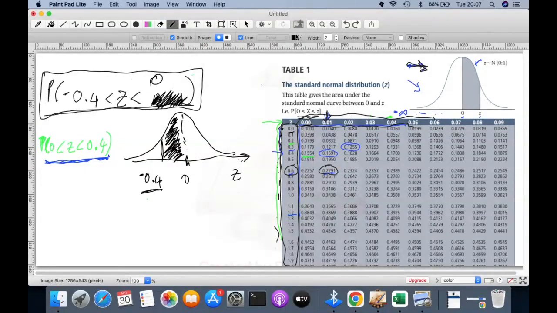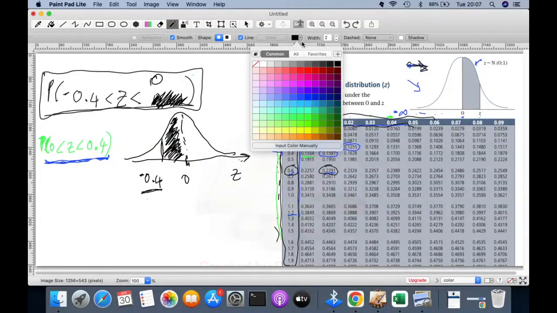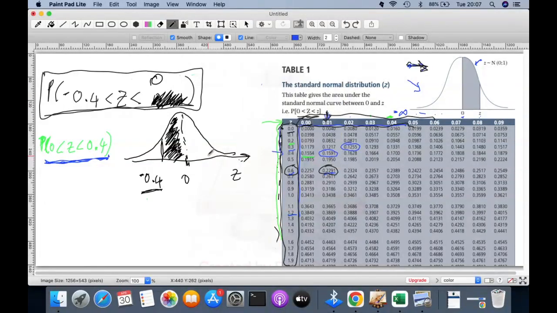And why do we drop the negative sign? That's because I need to write this probability, the probability of negative 0.4 less than z less than 0, in terms of a positive z value, because the table only gives you positive z values. The table gives you any area from 0 to a positive z value, but you need to tell it what positive z value.